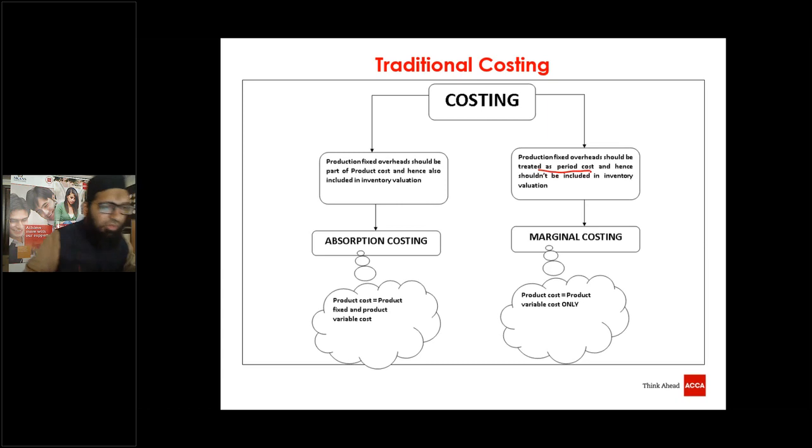That means, according to absorption costing, product cost is equal to product fixed cost and product variable cost, whereas as far as marginal costing is concerned, product cost is equal to product variable cost only. So the difference in absorption and marginal is fixed, because in absorption we have variable plus fixed, whereas in marginal we only have variable. So variable is common. The difference between the two costing methods is the adoption of fixed cost.